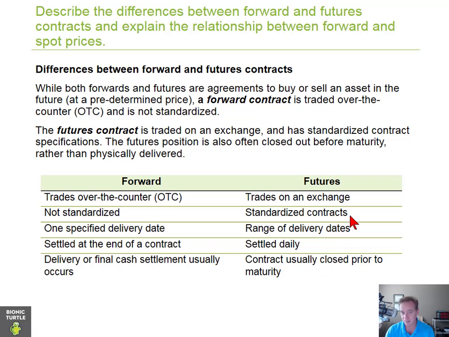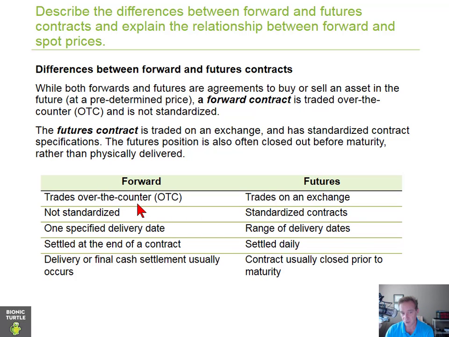It does that by standardizing the contracts, defining the specification, the quality and grade of that commodity, the delivery months, rules about the price limit. All of this standardization makes possible the liquidity on the futures exchange.